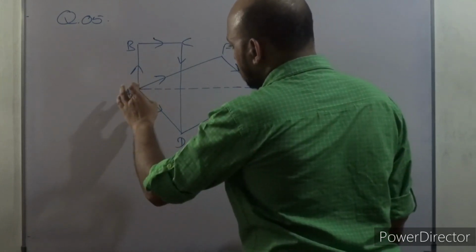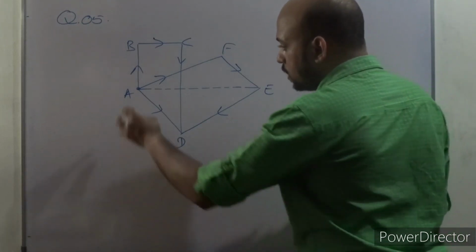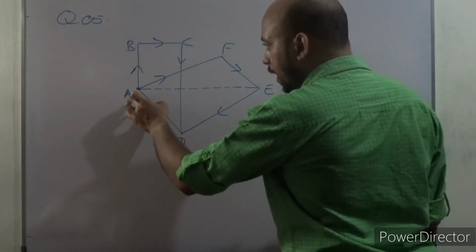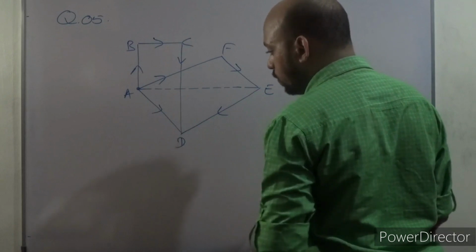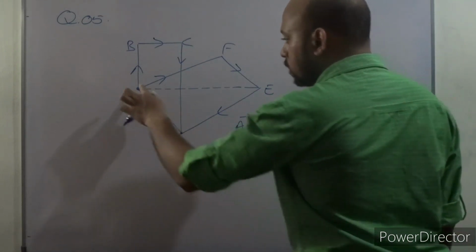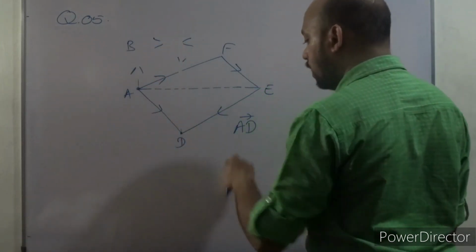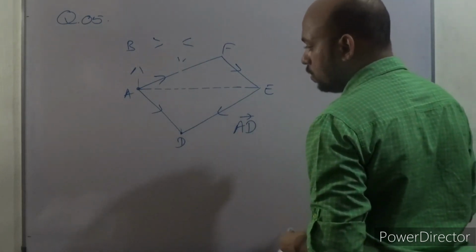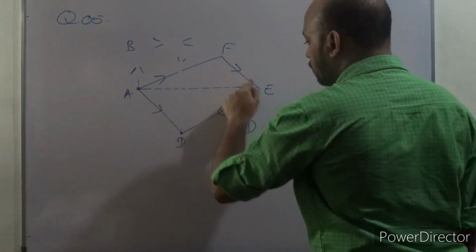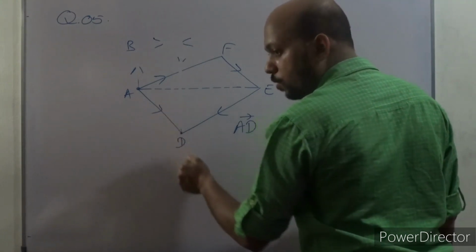We know the resultant of vectors is given by the initial to the final point. Here the initial point is A and the final point is D, so the resultant of AB, BC, CD is AD. Now we can move along another path: A to F, F to E, E to D. We cannot move from D to A because the arrows are opposite.